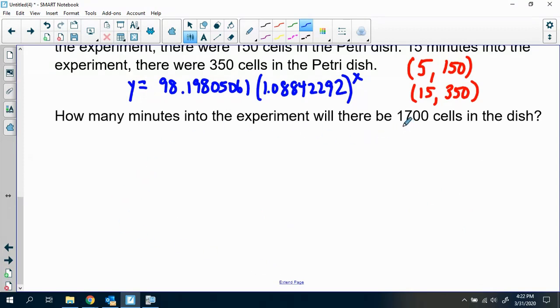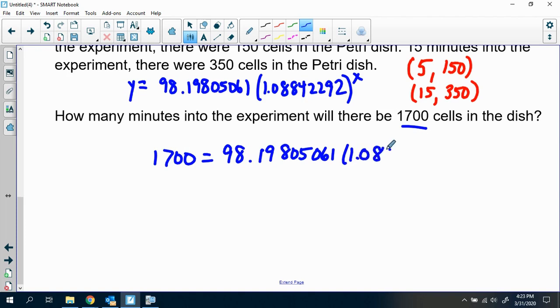How many minutes into the experiment will there be 1,700 cells in the dish? So we would type 1,700 in for y. So we have 98.19805061 times 1.08842292 to the x. And we can solve this by dividing by the 98 thing and taking a log base 1.08.